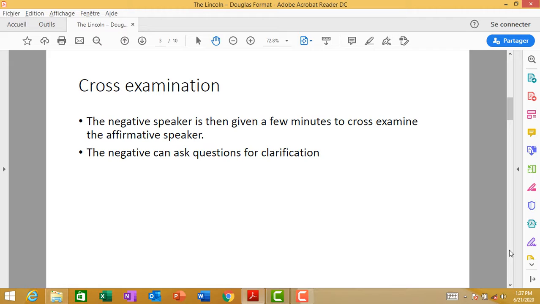The pro debater has a few minutes to prepare and present his argument, and then there will be about 5 minutes for the negative speaker to examine the position of the pro speaker.